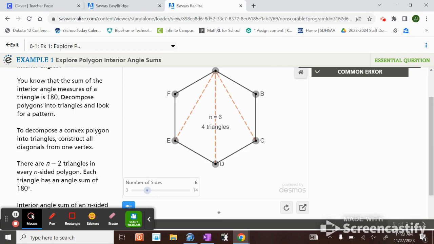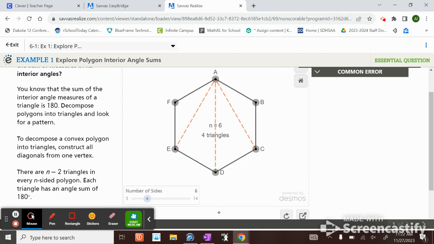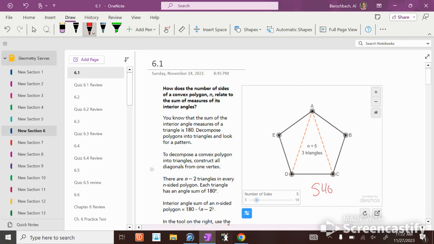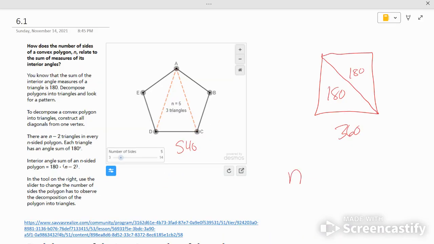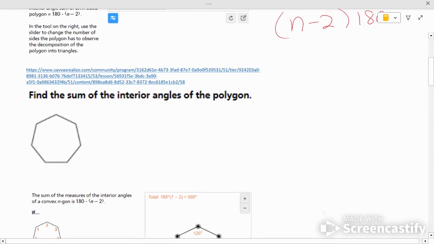So we take the number of sides minus 2, and we take it times how many degrees there are in a triangle, 180. The number of sides minus 2 times 180 gives us how many degrees there are.